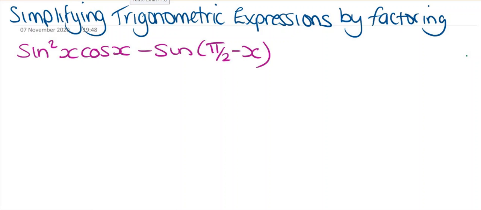So, simplifying trigonometric expressions by factoring. We're given: simplify sine squared x cosine x minus sine of pi over 2 minus x. If we look at sine of pi over 2 minus x, you can see this is a cofunction identity.